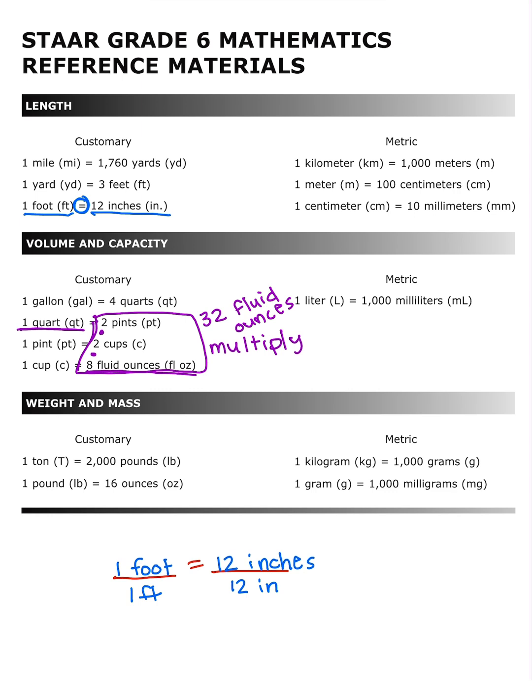So when we wrote our information down here, we would write 1 quart, and I'm going to use the abbreviation QT, is not 8 fluid ounces, it is 32 fluid ounces because they were not on the same row. So those are just some things that we need to remember about the STAR chart.